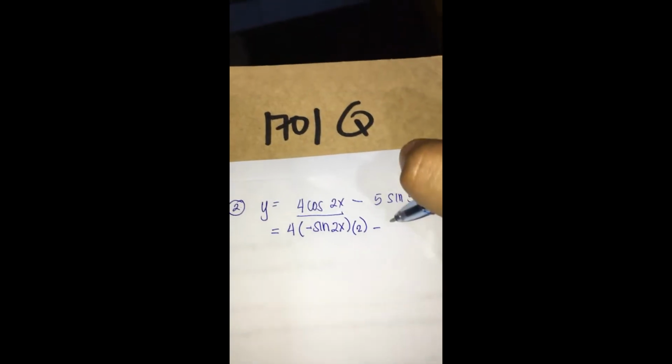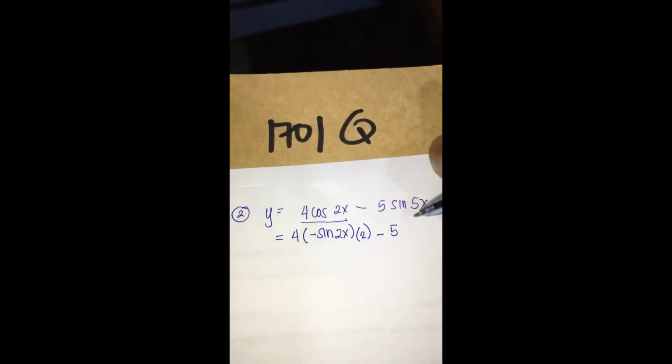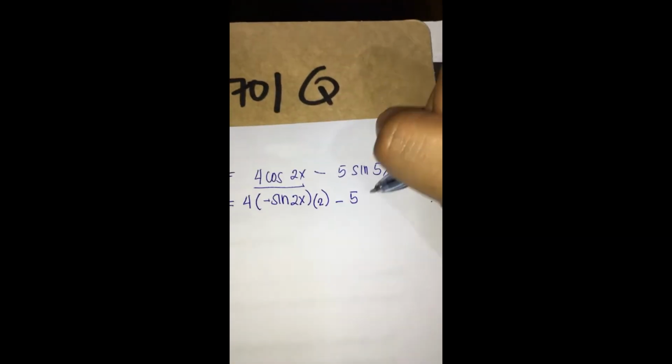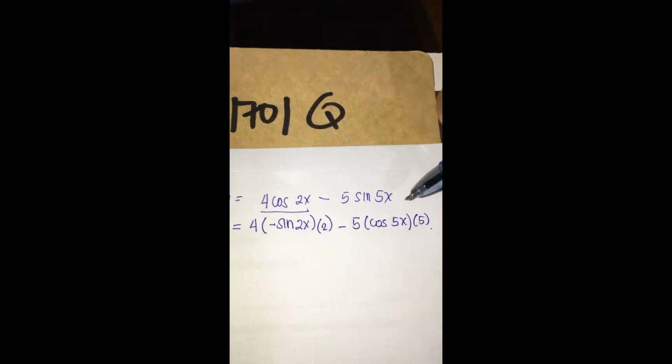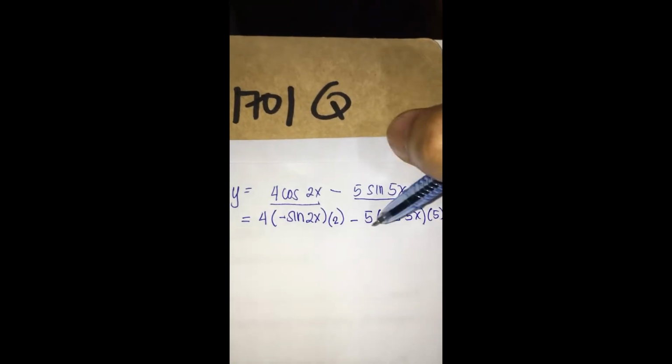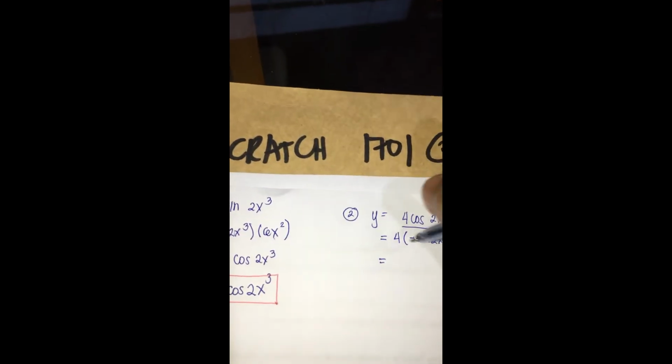Then minus, we have here a constant of 5, and the derivative of sine is cos. So times cos, then copy the base, then of course, after that one, you're going to multiply the derivative of your base, which is 5. Where does the 5 come from? It comes from the derivative of the base 5x. So, the derivative of 5 sin 5x is this. Then, multiply.